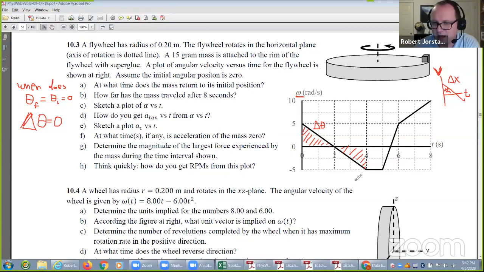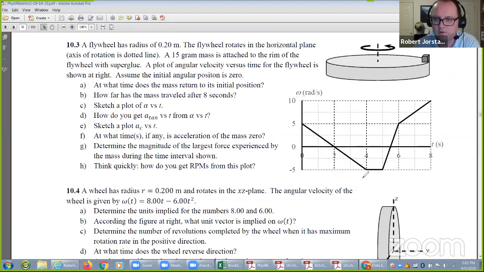If you don't like that, you could say, sorry, let me clear this. We could say it this way: delta theta is equal to omega initial times time plus 1/2 alpha t squared.